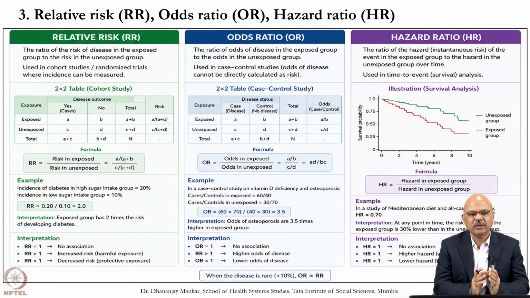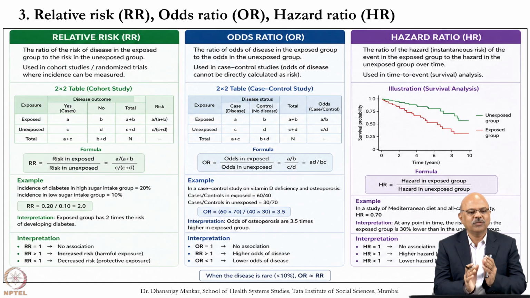The incidence of diabetes in the high sugar intake group is 20%, and the incidence in the lower sugar intake group is 10%. So what is the relative risk here? 0.20 divided by 0.10, so that is 2.0. The interpretation is that the exposed group has 2 times the risk of developing diabetes.